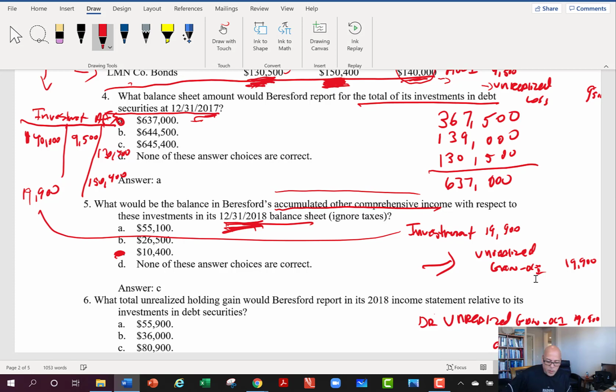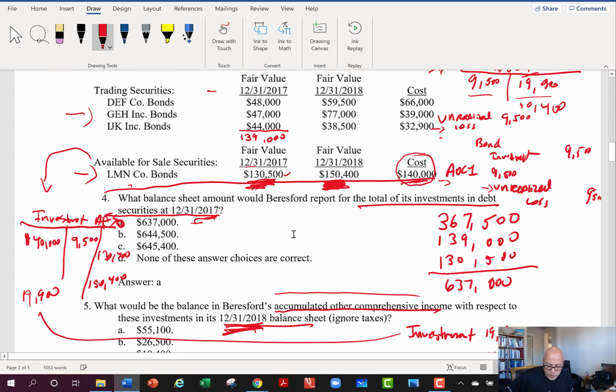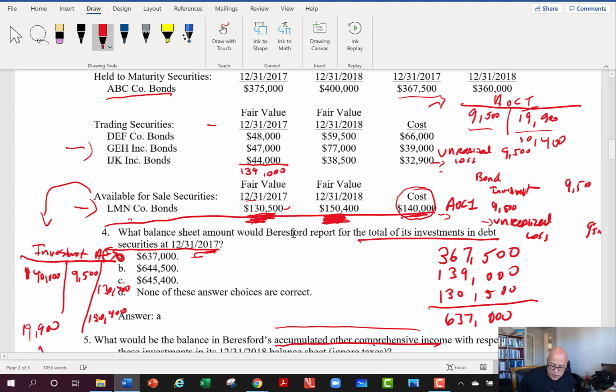10,400. Now, what's interesting here is the balance that is going to be in this account is whatever is necessary to bring the security from whatever its original cost was to what it is being carried at now, okay? So I really did more work than I had to here.